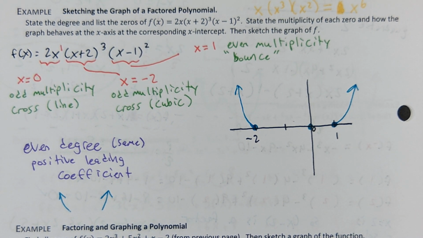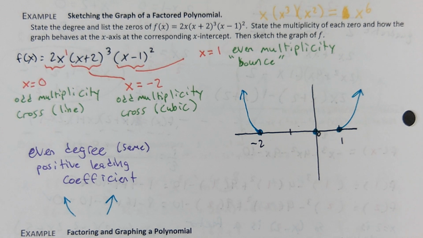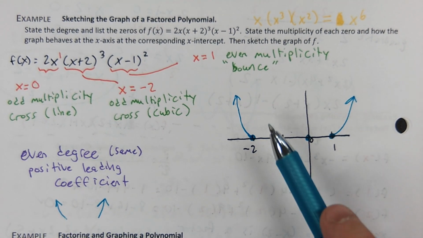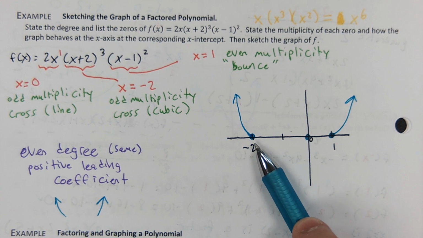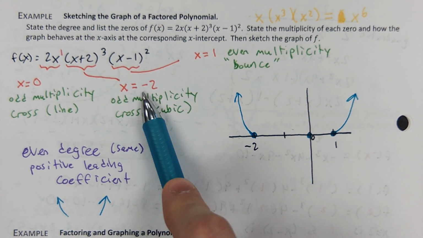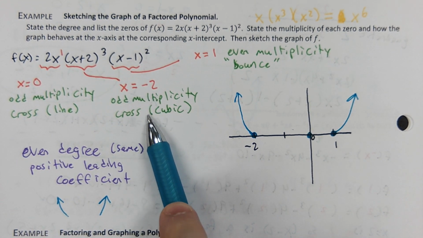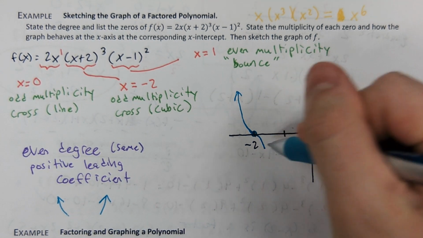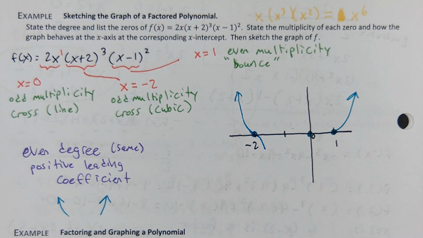And now, one at a time, we decide what the behavior was at each of its solutions. And I like to go from left to right. That's just what I do. Oh no, I dropped my blue pen. So I come over here to this x equals -2, and I see that I am going to cross through the x-axis like a cubic there. So it got wiggly at that number.